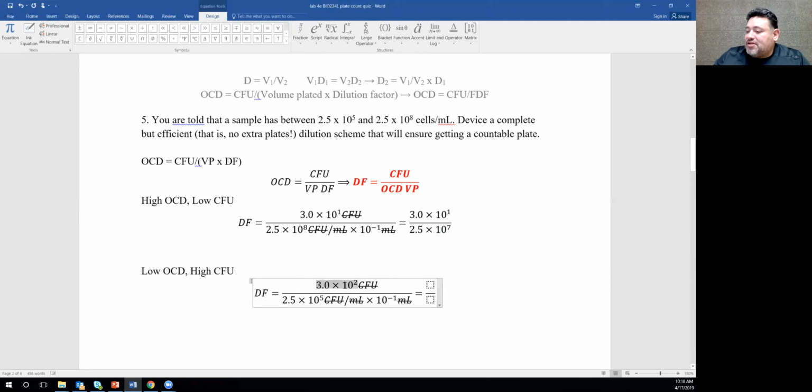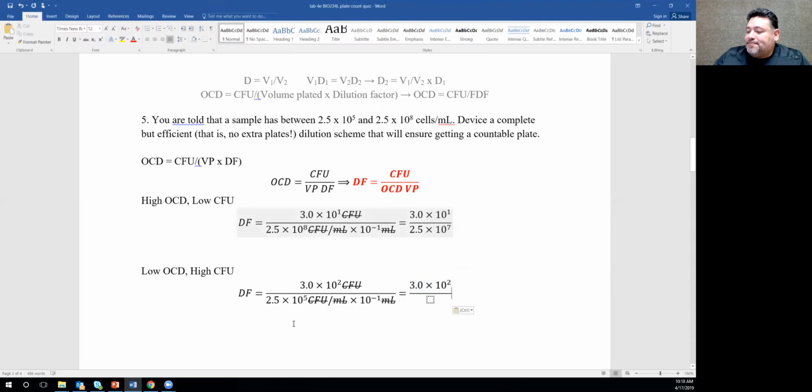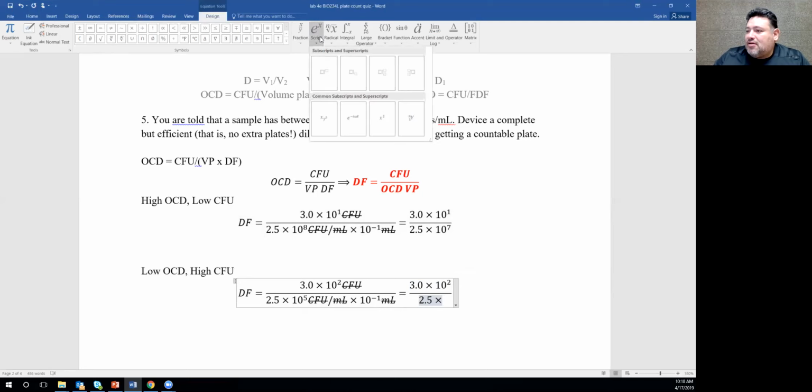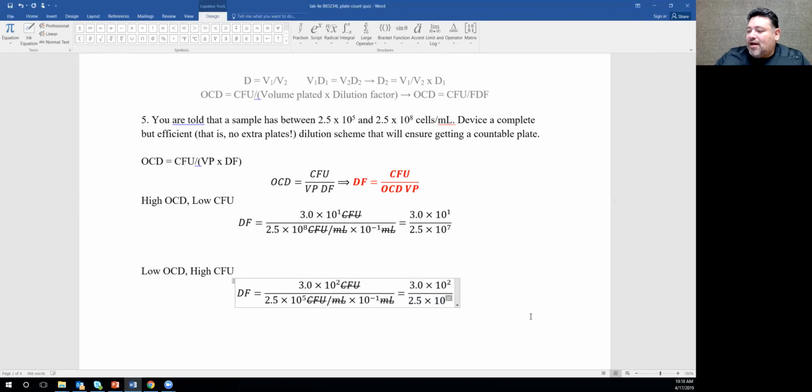This is going to be 3 times 10 to the 2nd. And we have 2.5 times 10 to the what? 5 minus 1, because if we're multiplying, we add the exponents. This is a 5 plus a negative 1. 5 minus 1 is 4. So it's going to be a 4.